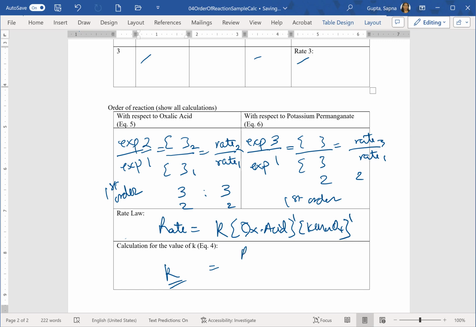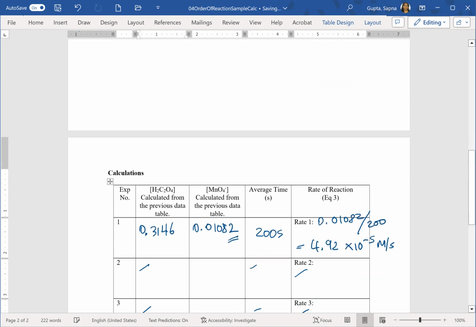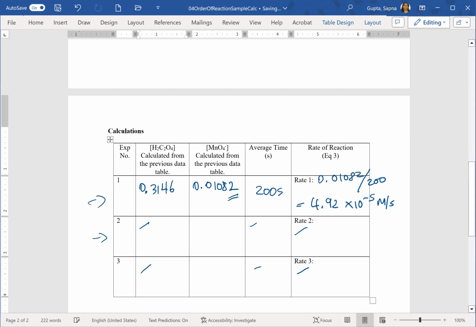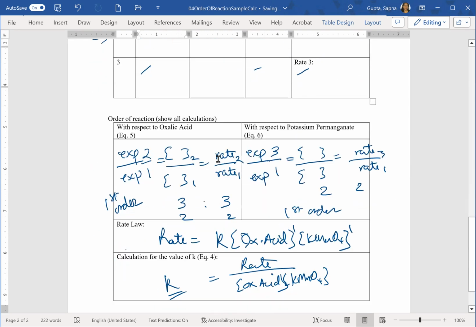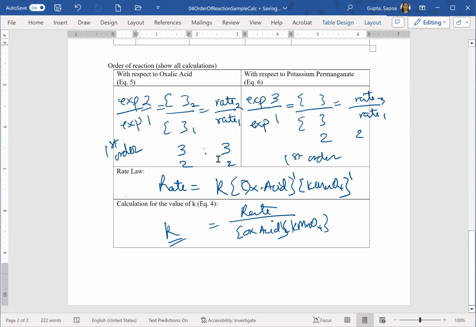Remember, this is going to be rate over oxalic acid and then KMnO4. You either take all of experiment 1 or experiment 2. It doesn't matter which one you take, you should get the same answer. That's the whole point of K, that it's going to be constant for that reaction. So that's how you will do the first part of this reaction.